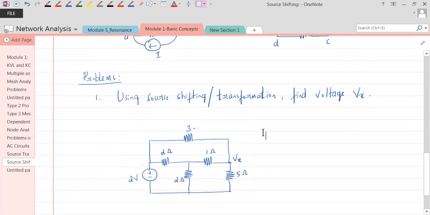Everybody just copy down the circuit. So the Vx is here. They have given us the voltage Vx and marked it here.